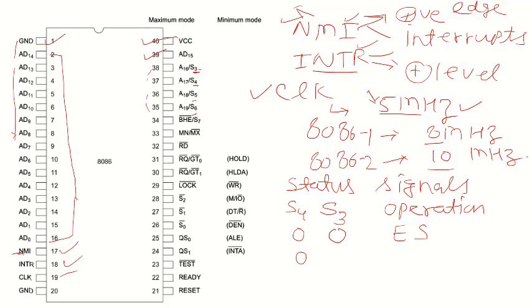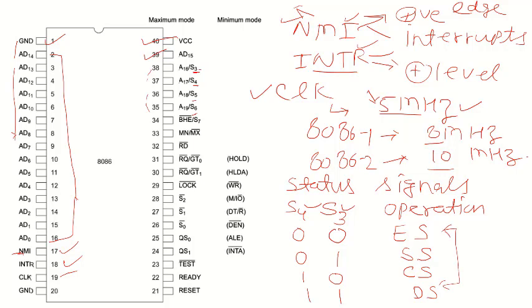If it is 0, 1, then the stack segment is selected. If it is 1, 0, then the code segment is selected. And if it is 1, 1, then the data segment is selected. So basically S3 and S4 are used to select the proper segment of the 8086 microprocessor.